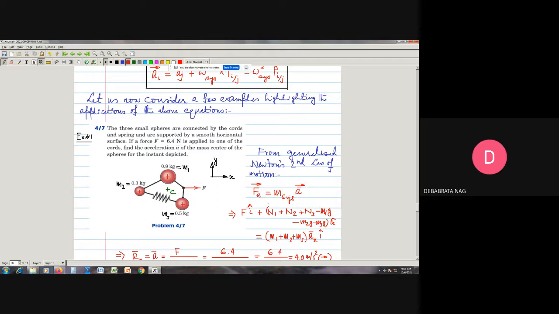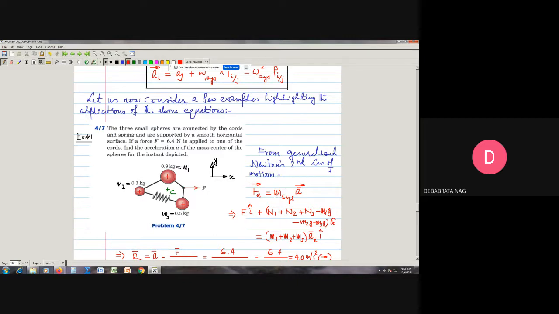In this case, we note that this system is constrained to move only along this horizontal surface, or in the xy plane. So the acceleration of the center of mass of this system is going to be only along the x direction, and it will not have any other component along the other directions.